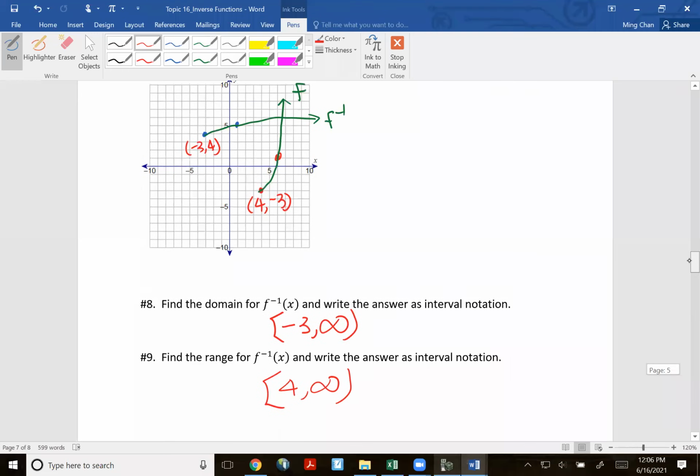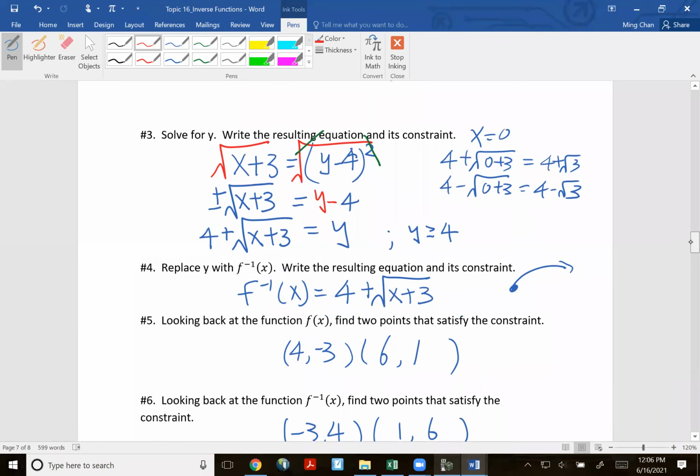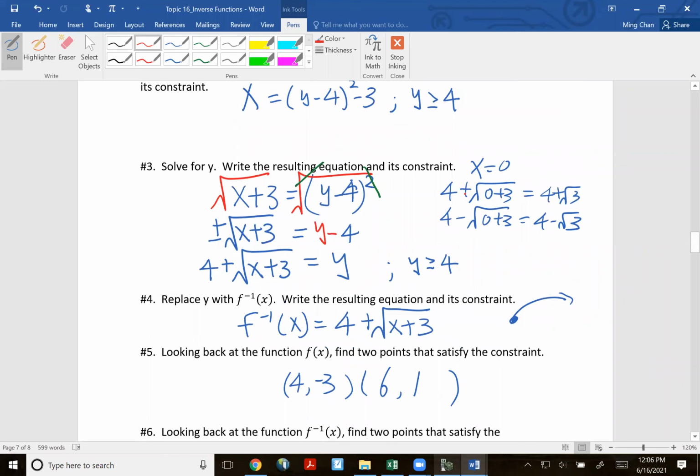Earlier, I picked the +1 because I actually had to try putting numbers in there to show that, for the y value to be bigger than 4, only the +1 works. That's why I erased the -1. So make sure for number 3 you don't have a plus or minus here. When you take a square root, the answer is positive or negative, but you need to determine based on the constraint which one you need, by trying some point. You need to tell me whether it's the +1 or the -1.